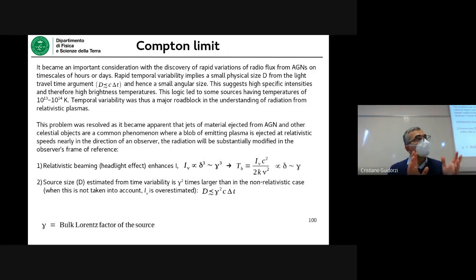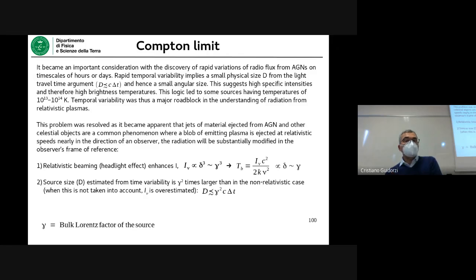Again, you see why special relativity is so important in astrophysics, because whenever you are dealing with ultra-relativistic sources of radiation, things can change a lot. Here we see two aspects: the intensity that you measure, and second, the angular size of the source. Both work in the same direction, in the sense that you are led to overestimate the intensity.